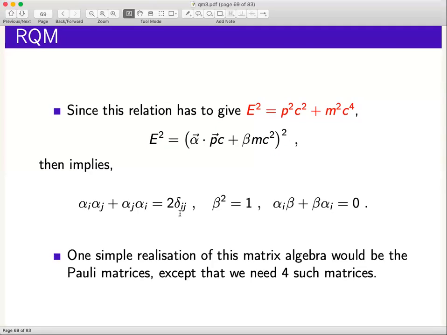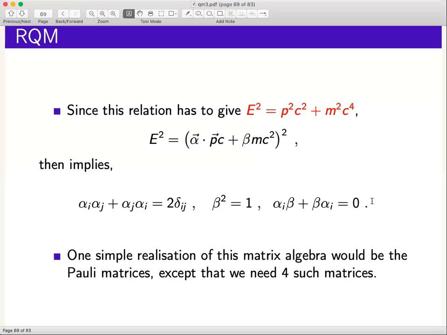Now of course one could write down identity as the fourth matrix, but the identity matrix would not transform in this particular fashion. So alpha_i times identity plus identity times alpha_i wouldn't be 0. So clearly you need a fourth matrix, and in the 2 by 2 matrix algebra you don't have more than three matrices of this kind.